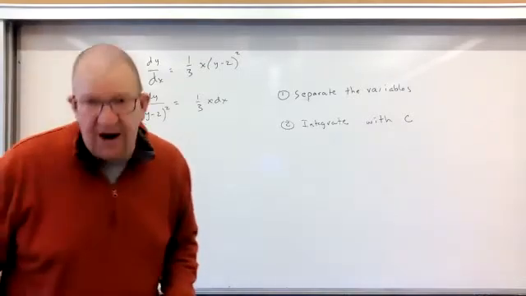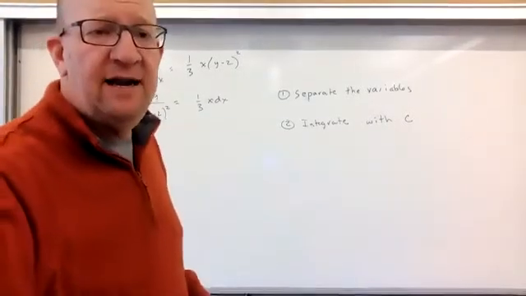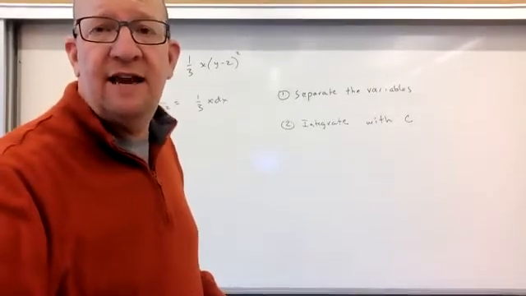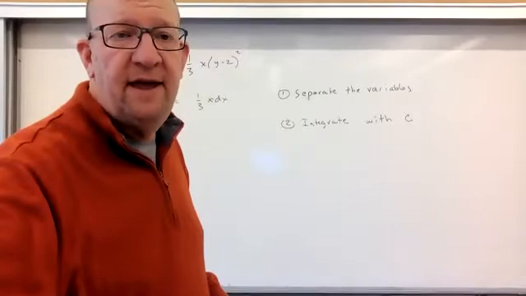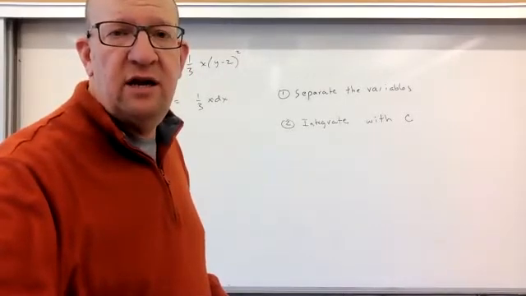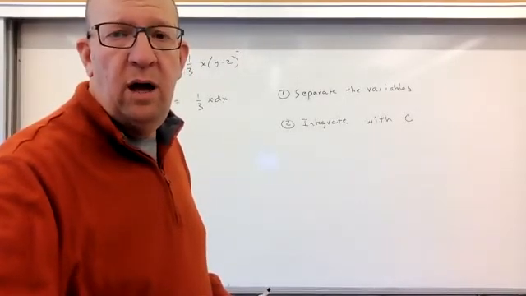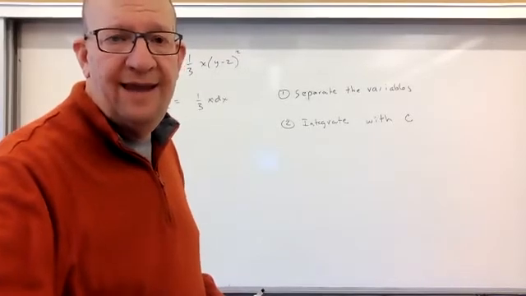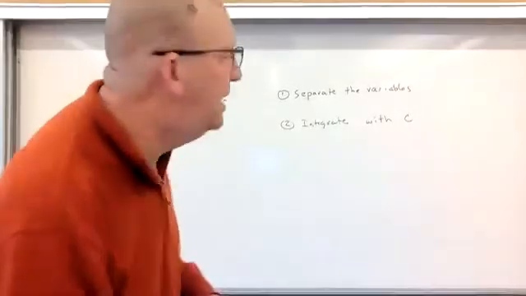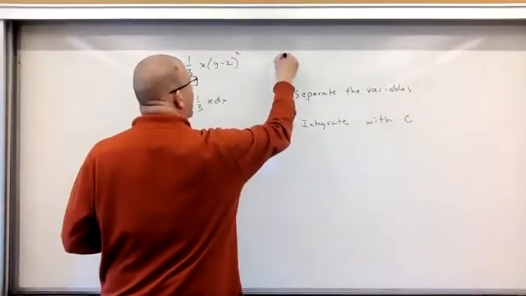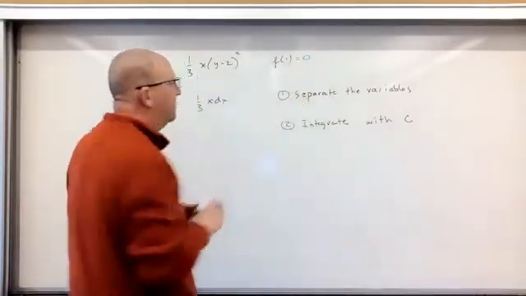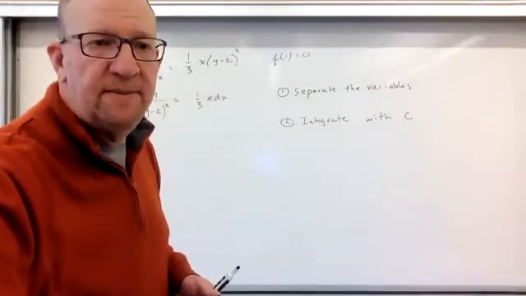And in this problem, I need to go back and look at what the initial condition was. The initial condition here was (1, 0). And we know that f of 1 equals 0. Okay, so that's your initial condition.